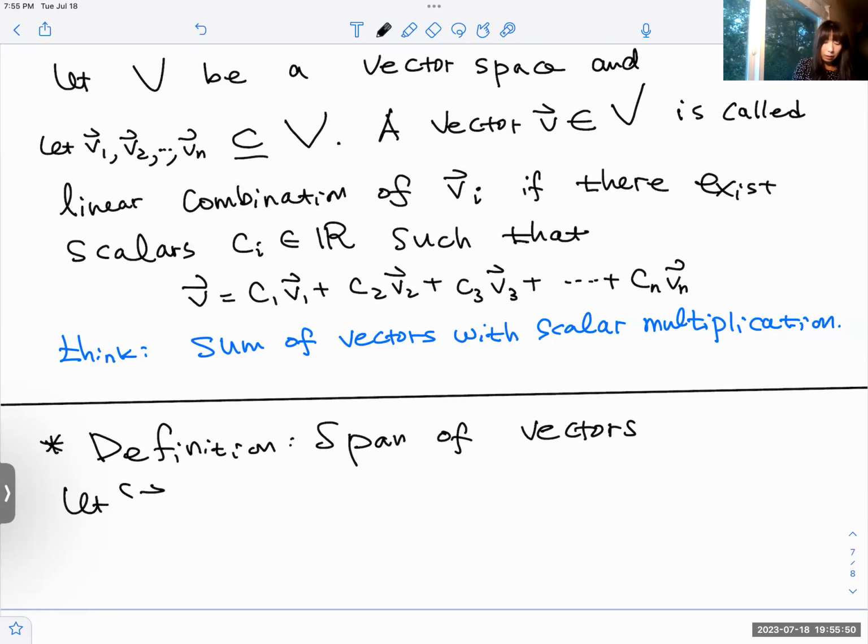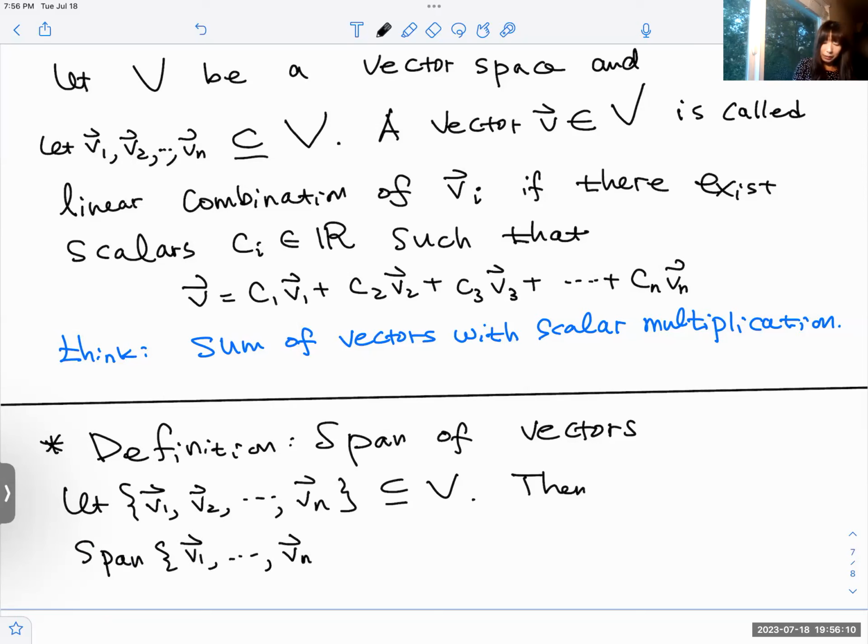Let the set V1, V2, Vn be in vector space V. Then span of V sub 1 through V sub n is the set of summation of i equal to 1 to n of C sub i and vector V sub i, such that C sub i is in R.